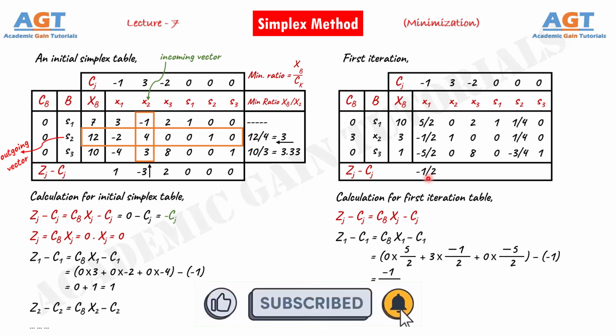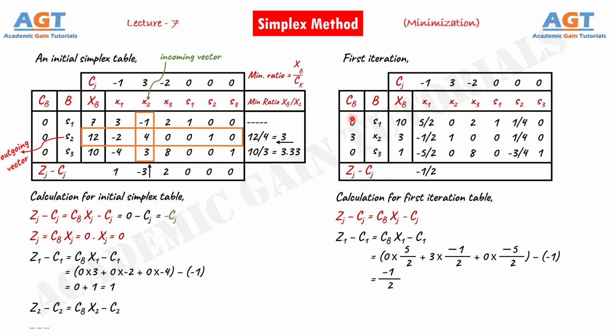Now, for a quick technique, if you see here, the value of cb is 0, and here also the value of cb is 0, so we don't actually need to calculate for these two values of cb, because they are 0. If we multiply anything with 0, then it will be 0. If we are calculating for z2 minus c2, then we have to multiply 0 with 0, and here also 0 multiplied with 0, the result will be 0.